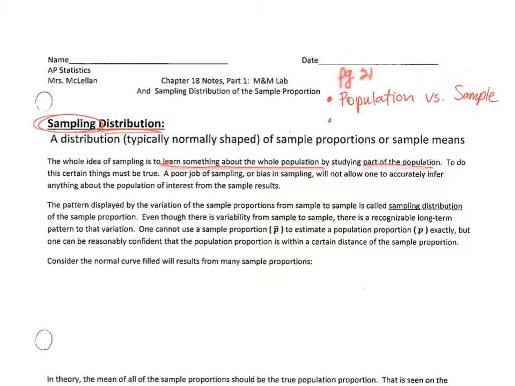And we also are going to be very careful and talk about the notation of population and sample. Knowing the difference between population and sample is so important that they each have their own separate types of variables. And so that's one of the first things we're going to talk about.